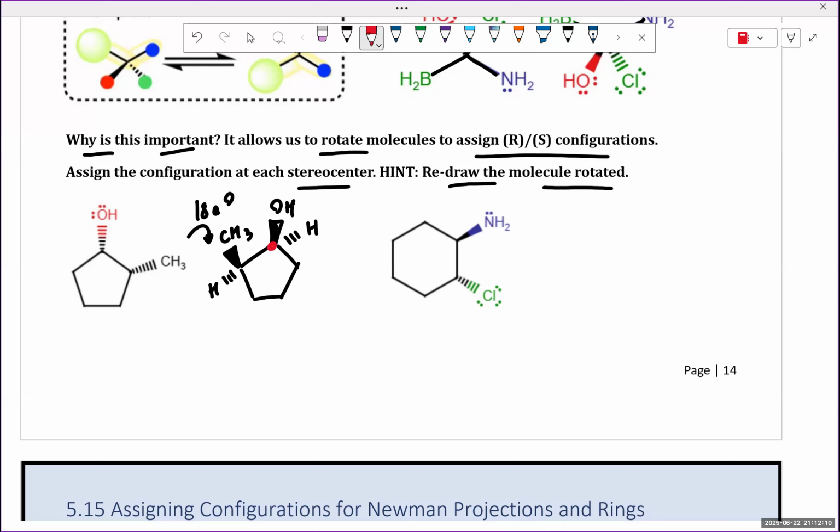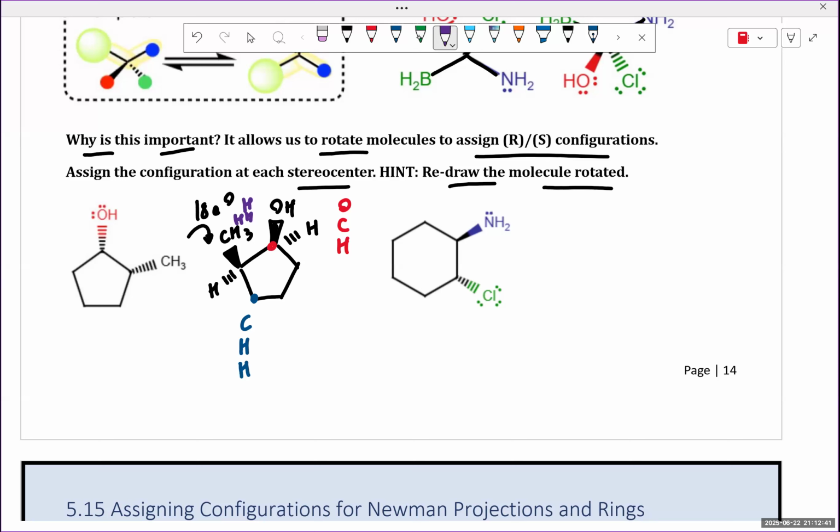Looking now in terms of priority, the carbon attached to the oxygen. In this case, we have a carbon attached to an oxygen, a hydrogen, and a carbon. Here we have a carbon attached to a carbon and two hydrogens. And the methyl group, we just have 3 hydrogens attached.